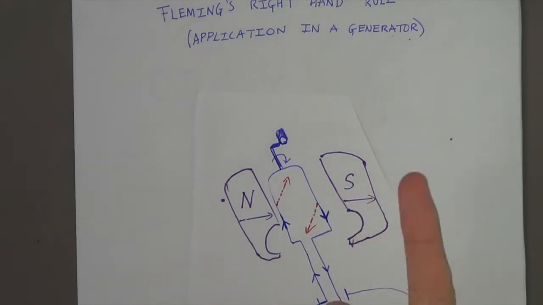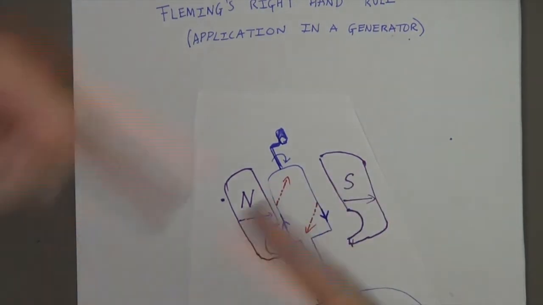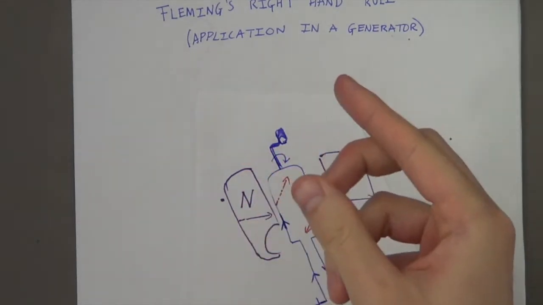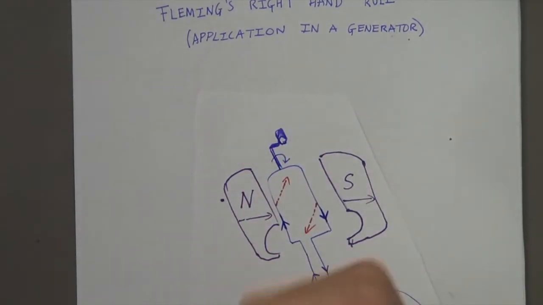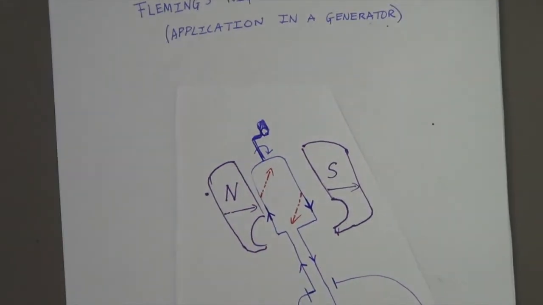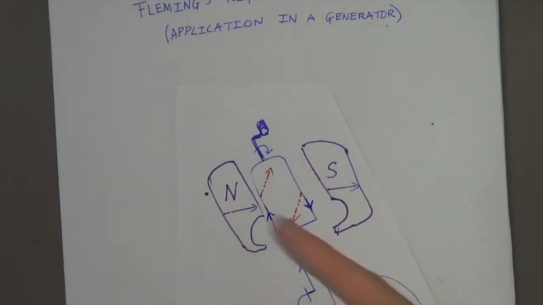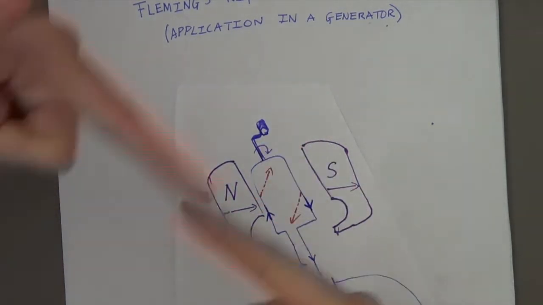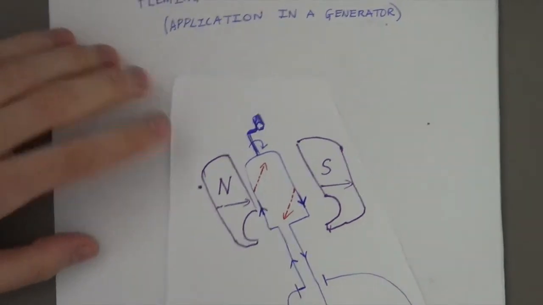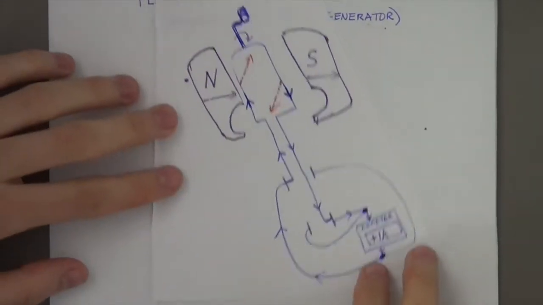That can come from a windmill, so we've got a windmill rotating, or it could come from some water that's been heated up from burning coal, oil or gas, or from a fission reactor, and the high pressurized steam will rotate some turbines which will be connected to a generator.